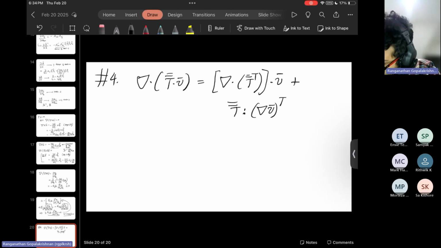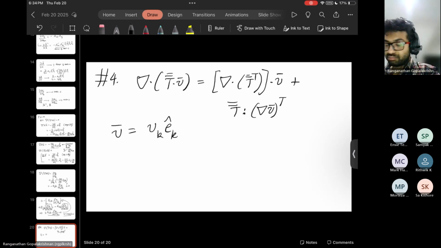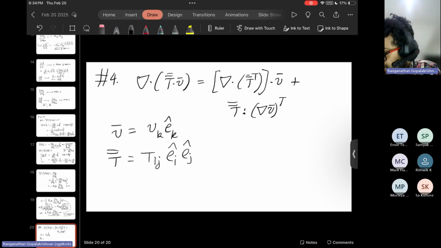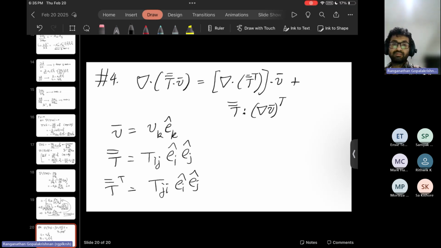So some basics. What is V? You can write it V_k e_k. What is T? Can you tell me how to write T in general? Can I write it T_ij e_i e_j, which would make T transpose to be T_ji e_i e_j.